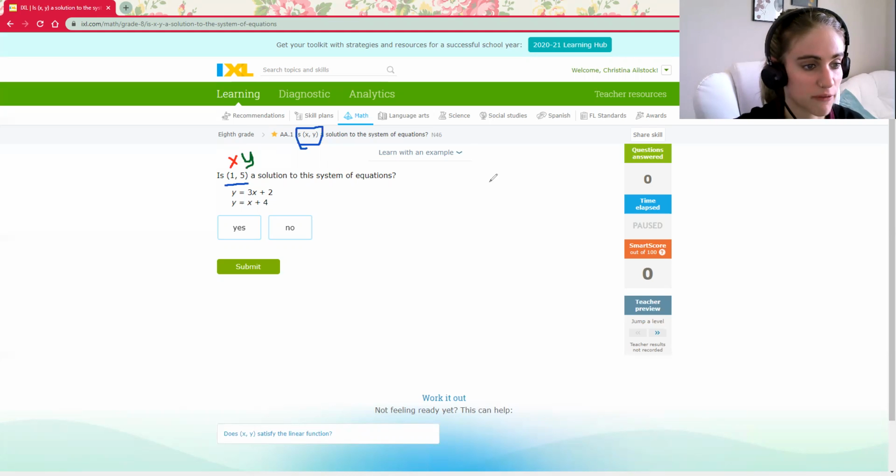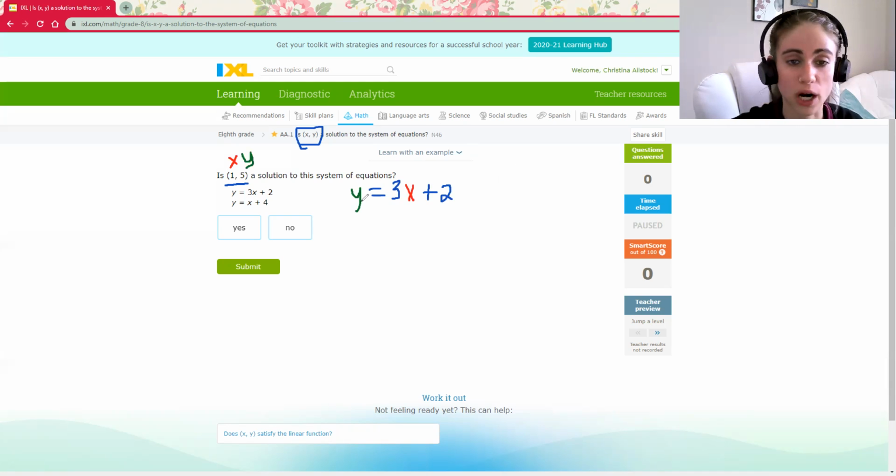All right, let's start with our very first equation here, and I'm going to rewrite it. We have y = 3 times x plus 2. But I can use substitution, so that I no longer have variables and I can solve it.